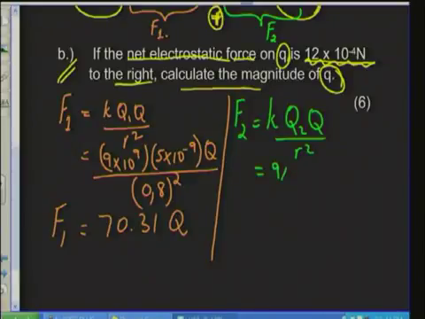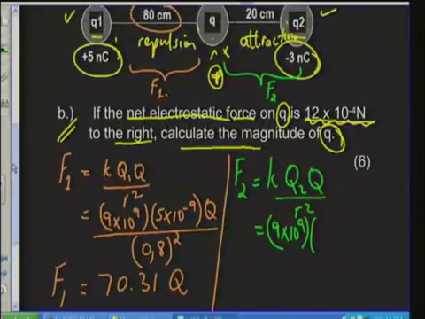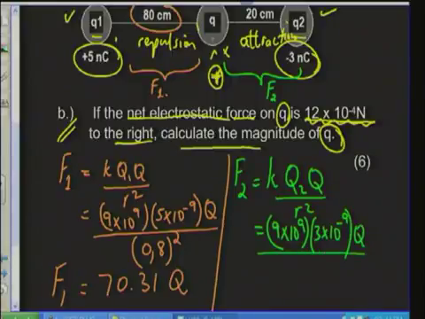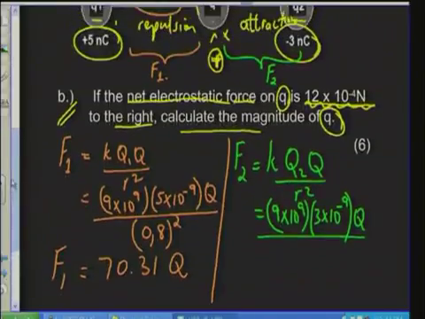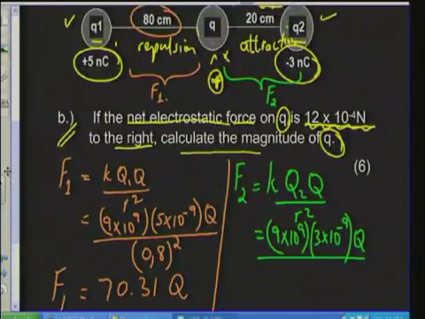That will be 9 by 10 to the 9 times Q2, which is 3 by 10 to the power minus 9. I'm not mindful of the signs now, I already know the direction in which the resultant force is. Divided by the distance between them, which is 20, so this will be 0.2 meters squared.